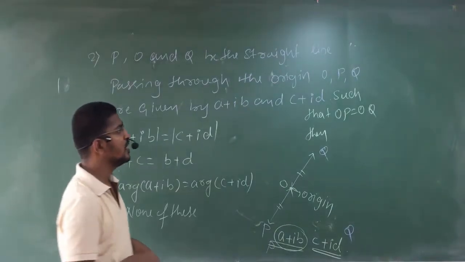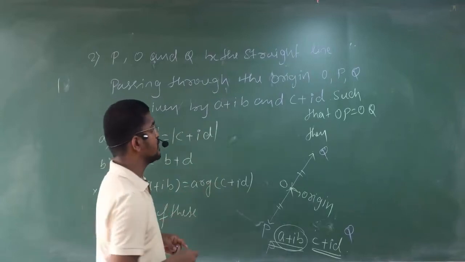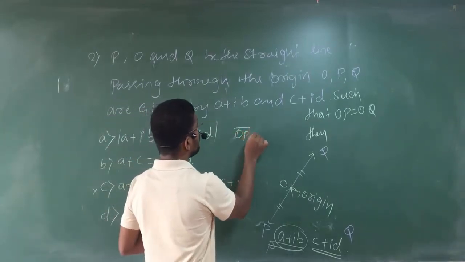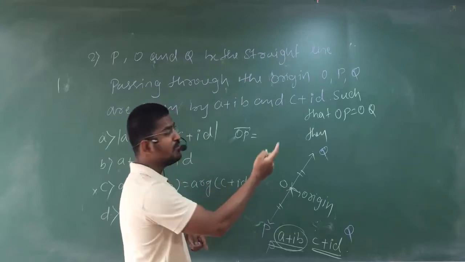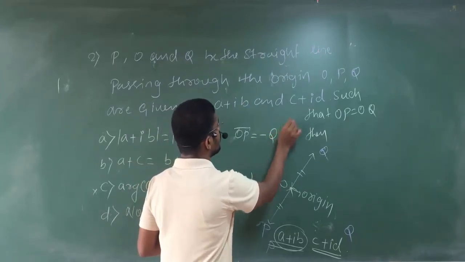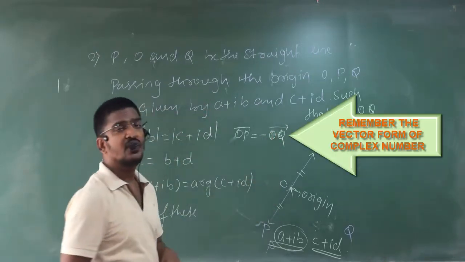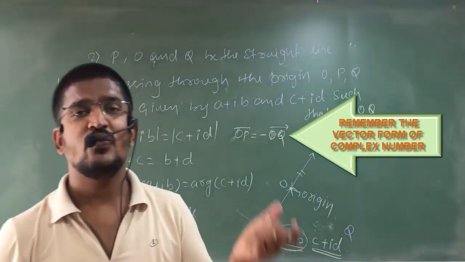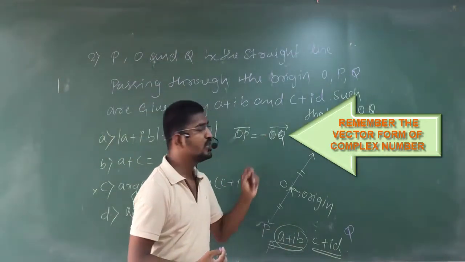So now see here, OP and OQ are in opposite directions with the same lengths. That means it will be minus OQ. So vector OP and vector OQ are in opposite directions, which means it will be with the negative.